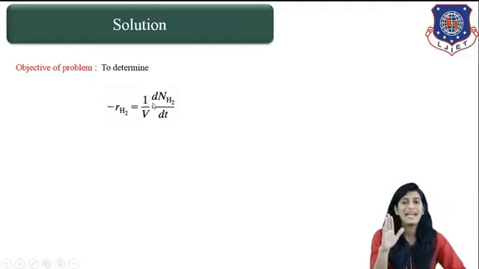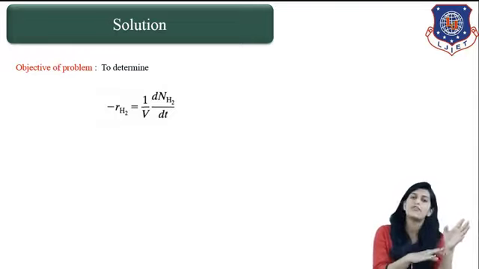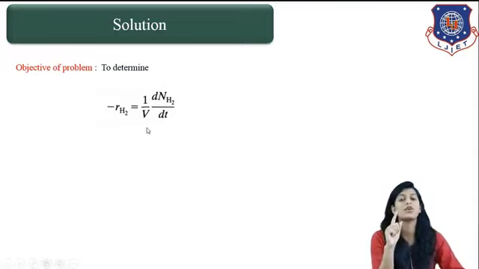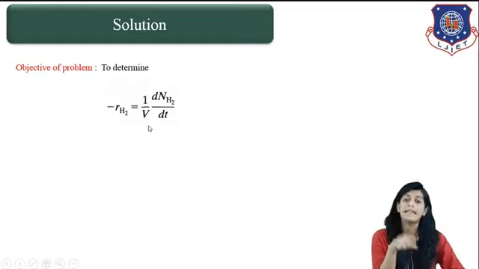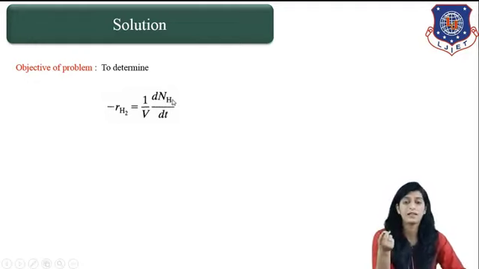For ideal conditions, we assume that the volume of reacting species is equal to the volume of the reactor. So here we are considering that the volume of reactor and the volume of reacting species, that is hydrogen and oxygen, are equal. So it will be 1 by V dNH2, where NH2 is the number of moles of hydrogen present inside the reactor, by dt, that is the rate of change of hydrogen molecules with respect to time.